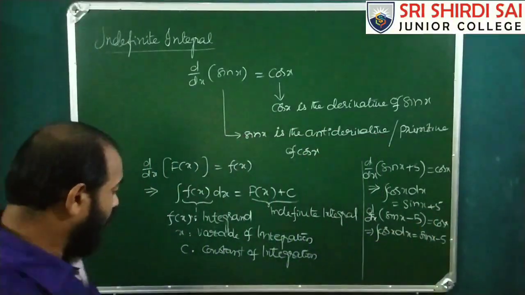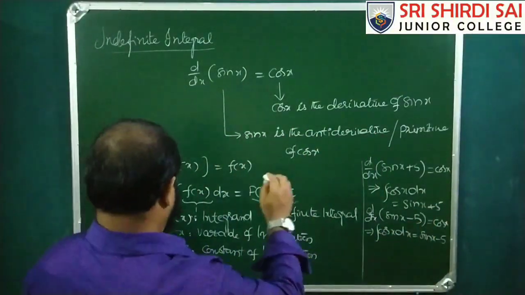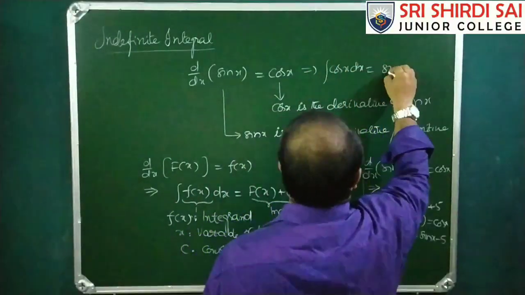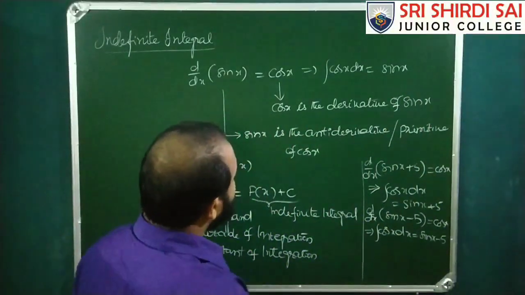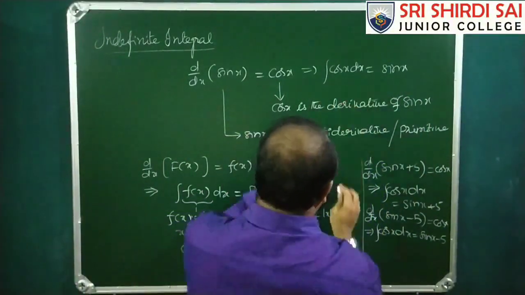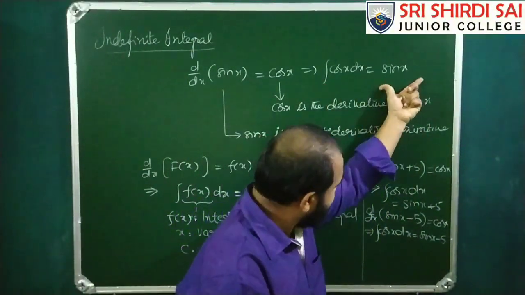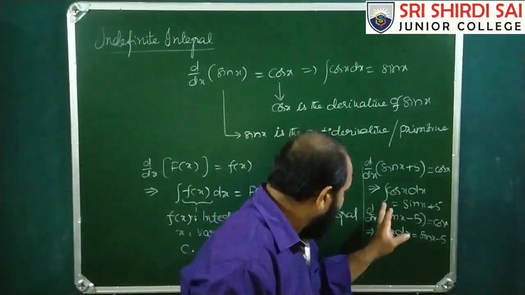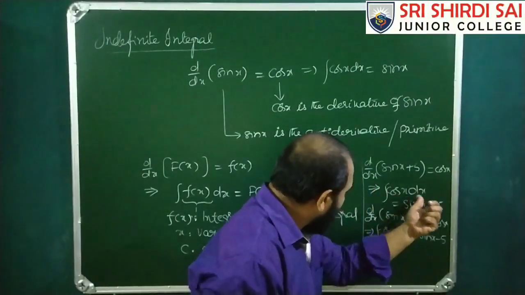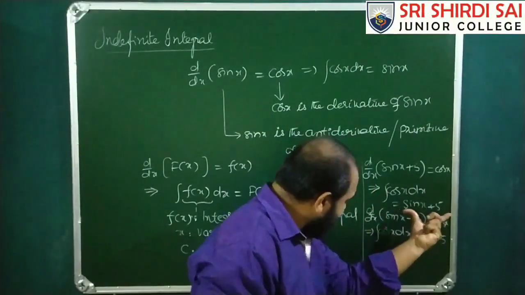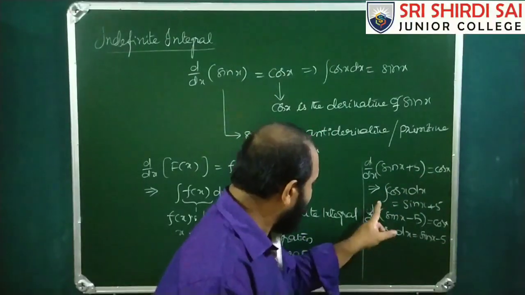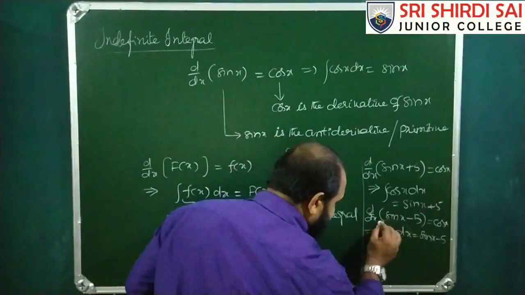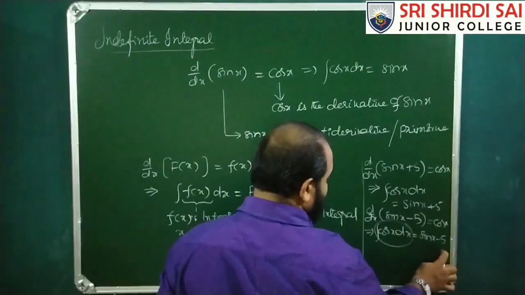If you concentrate here, integral cos x dx is equal to sin x in this situation. Integral cos x dx is equal to sin x plus 5 in this situation, and integral cos x dx is sin x minus 5 in this situation.